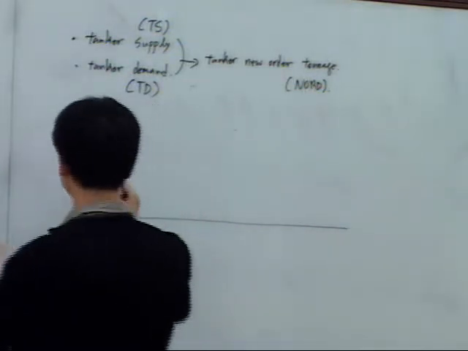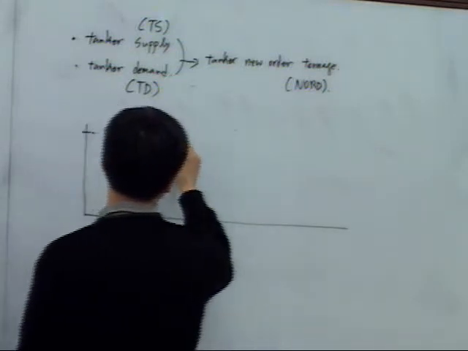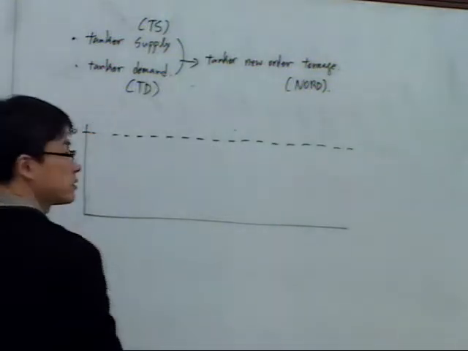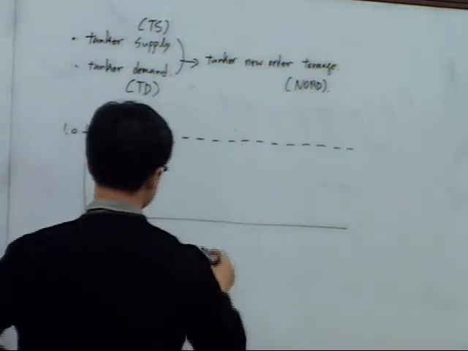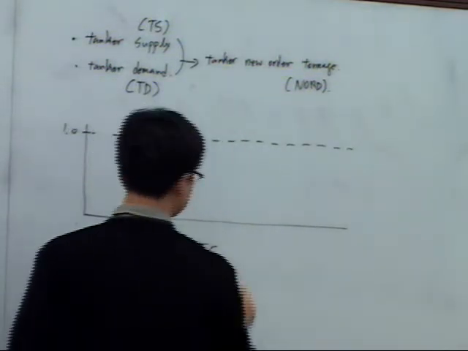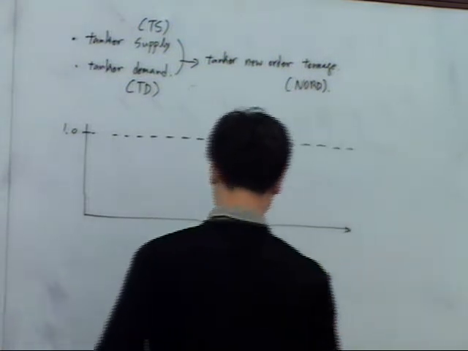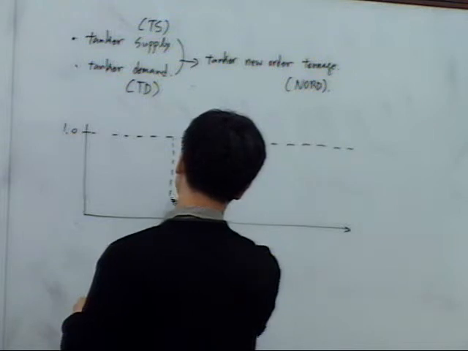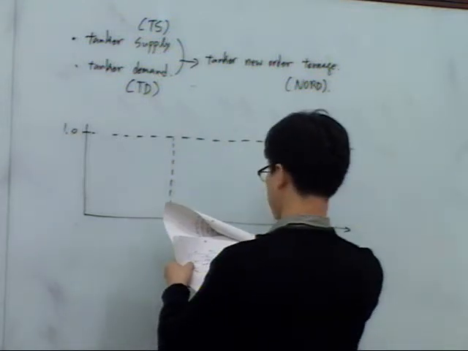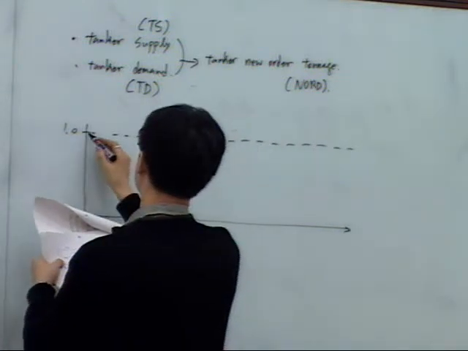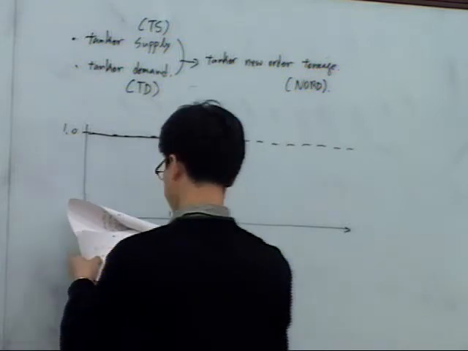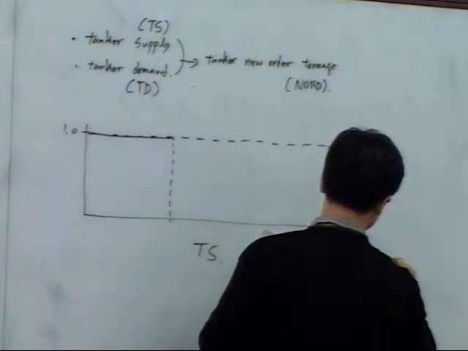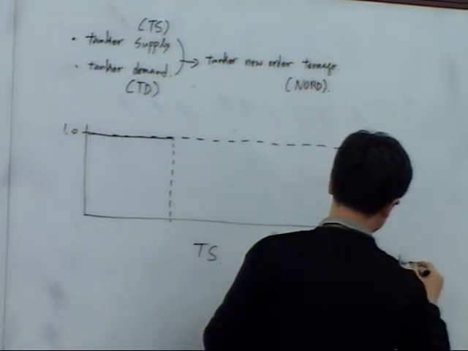This is the truth value, 0 to 1, and this is the tanker supply. The unit is million deadweight.